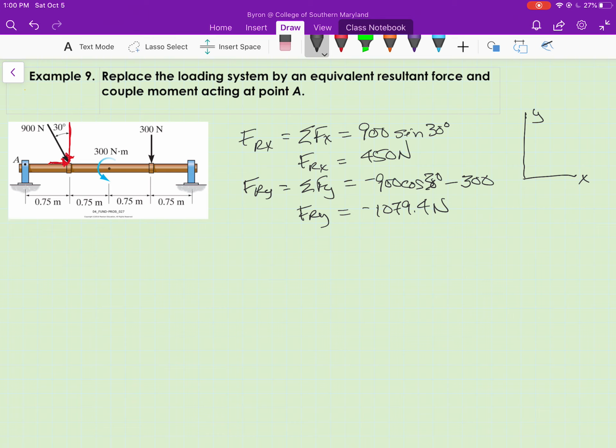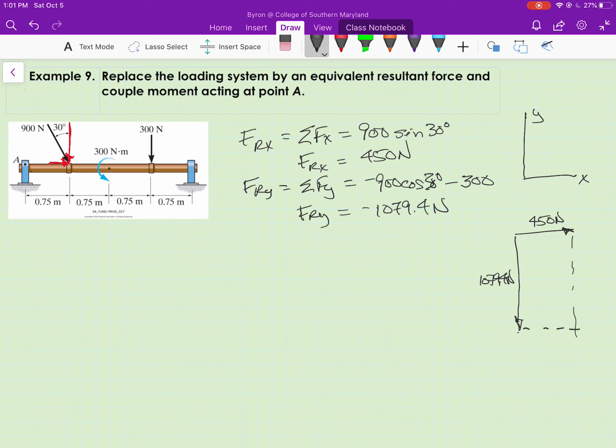Now I'll draw my force parallelogram, or rectangle in this case, since I have the orthogonal components of the resultant. The x component is 450 and the y component is 1079.4.